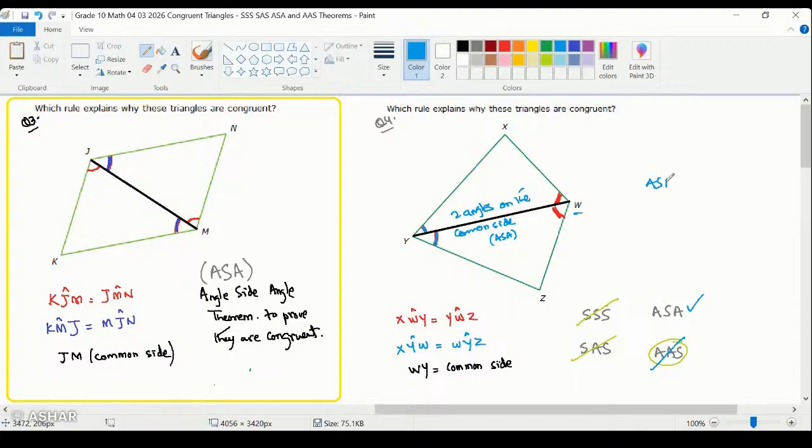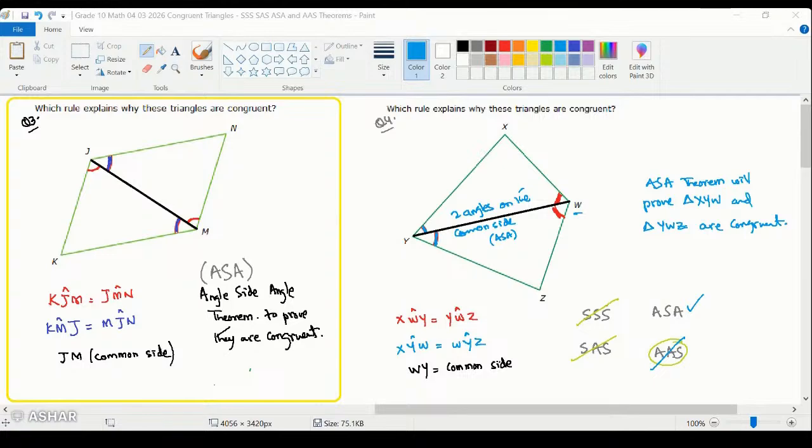The angle, side, angle theorem will prove triangle XYW and triangle YWZ are congruent. Okay, do we agree? Let's have a look at another example.